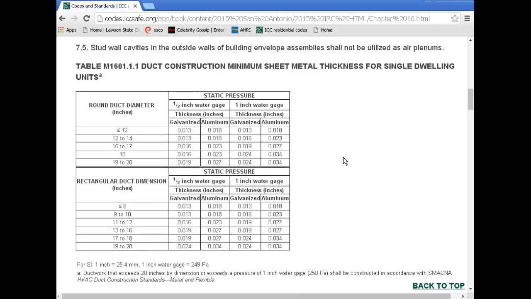Does everybody here have the 15? Is that what everybody's using? Yep. If you don't have the 15, raise your hand. And you have 9, all right, 9's the biggest change. Okay, so I believe, everybody else is at table 1601.1.1.